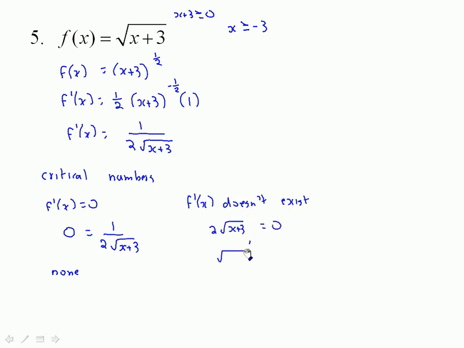So the root of x plus 3 equal to 0. Square all this, x plus 3 is equal to 0. So x is equal to negative 3. So according to that, we do get a critical number at x is equal to negative 3.